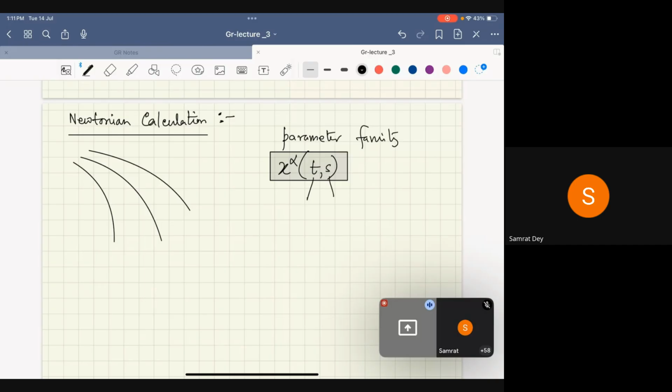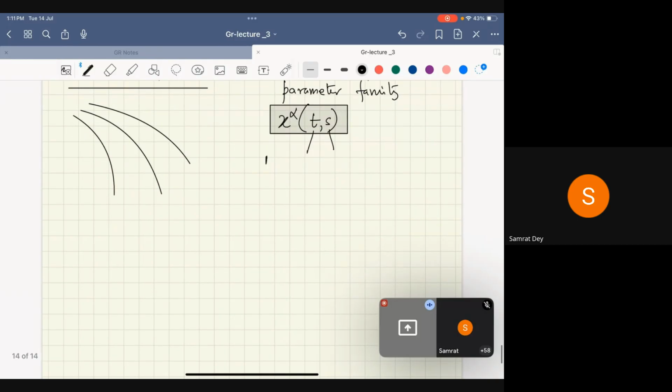I will explain what they represent. t represents standard Newtonian time, and s labels different geodesics. I have plenty of different geodesics in the bunch, and alpha can take values 1, 2, 3, that is, they are spatial indices.